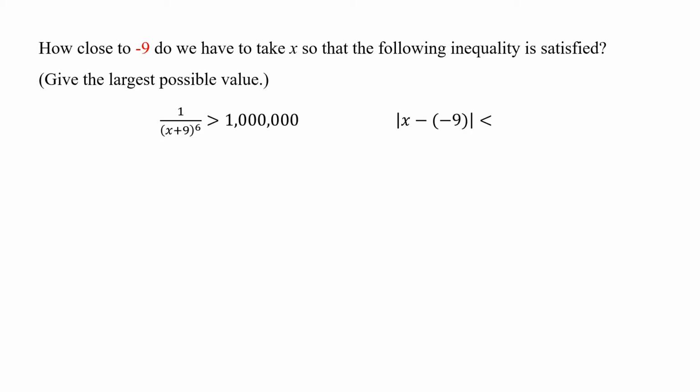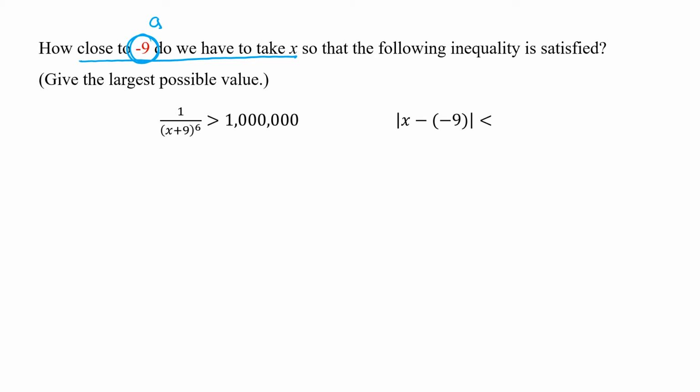So we're trying to find out how close to negative 9 we have to take x so that this inequality here is satisfied. Since we're trying to take x to be close to negative 9, that means negative 9 is that x value that we're approaching, so a.